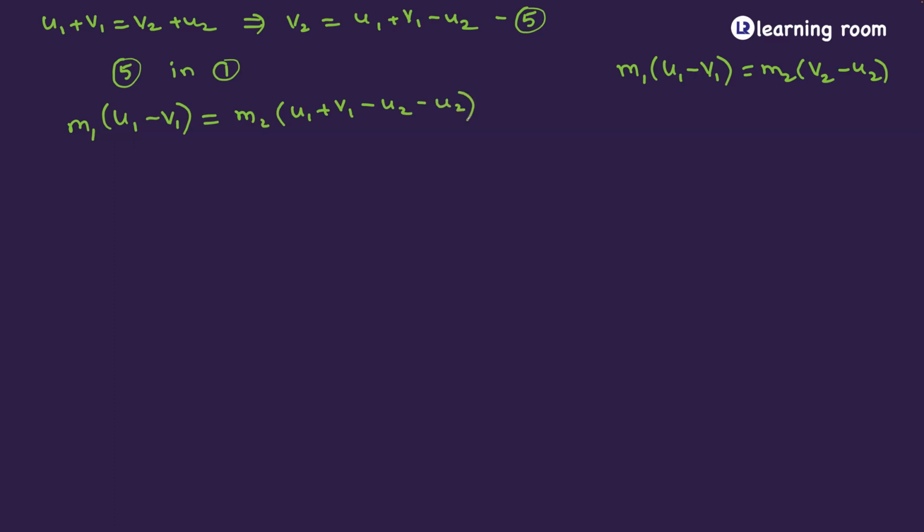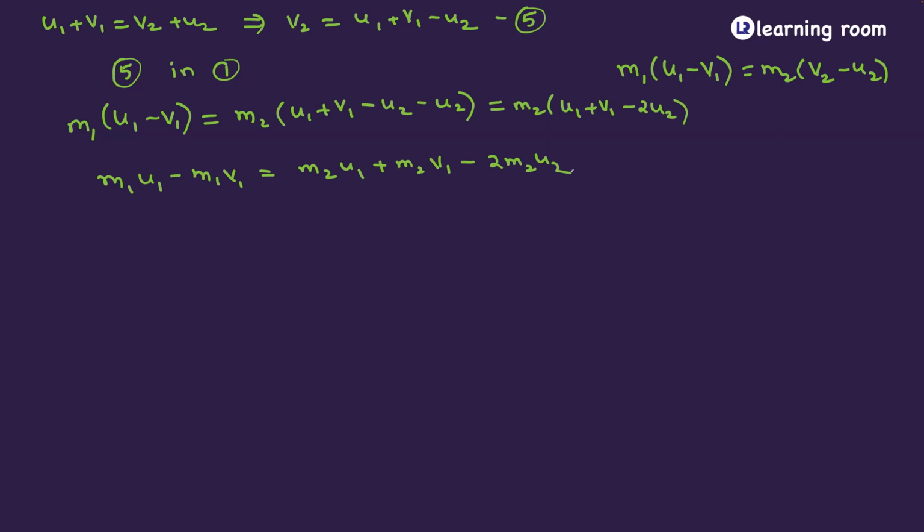So this will be m2 into u1 plus v1 minus 2 times u2. First expand it, then you will have m1 u1 minus m1 v1 is equal to m2 u1 plus m2 v1 minus 2 m2 u2.